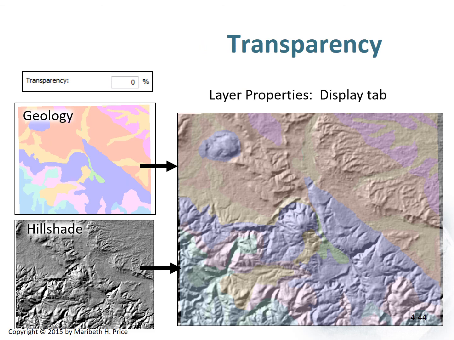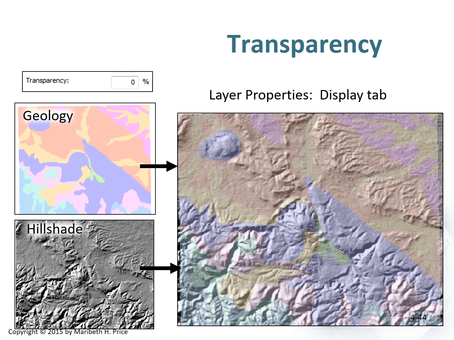Transparency. When we want to showcase information and make people better understand things, for example, a layer of geology, while it does have some meaning, that meaning has a much more tangible feel. It's much more user-friendly and easy to understand when you put it over a hillshade. And hillshade is just shaded relief.